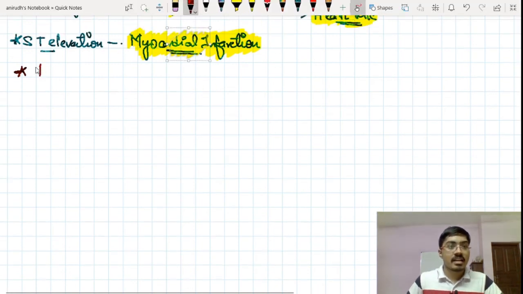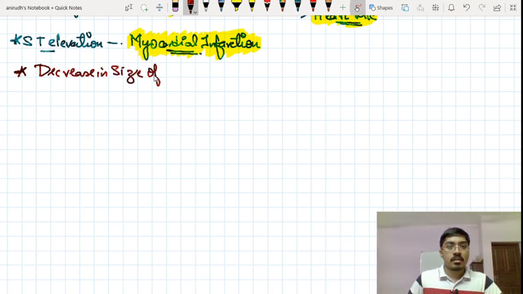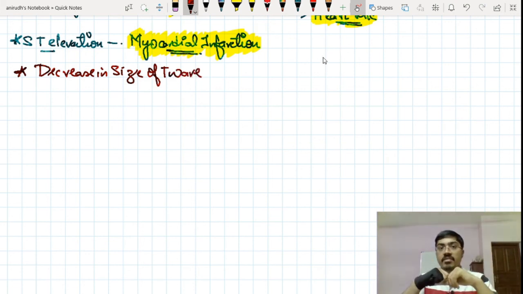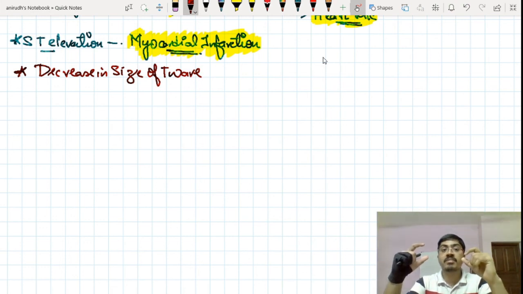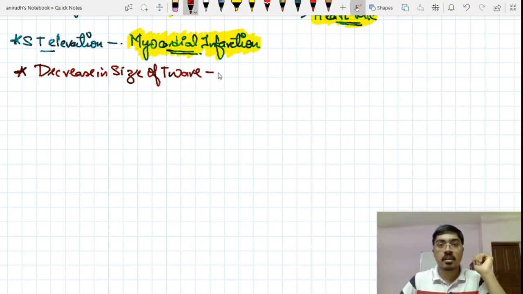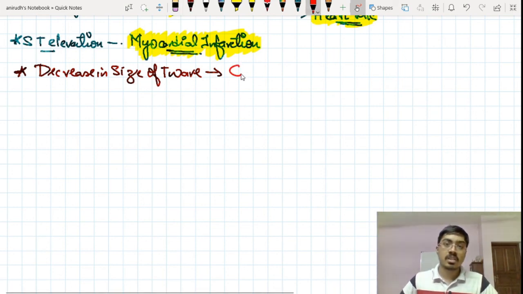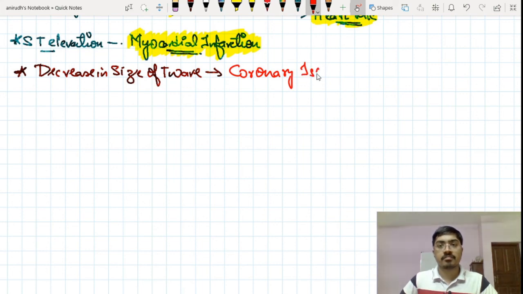Just see this: decrease in size of T wave. Decrease in the size of T wave, so that T wave is slightly larger than P wave, isn't it? If the size of the T wave is decreasing, it signifies a very important understanding, and that is coronary ischemia.